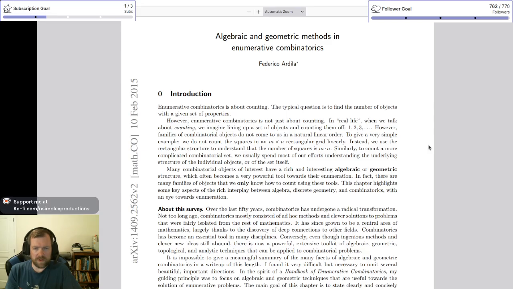Many combinatorial objects of interest have a rich and interesting algebraic or geometric structure, which often becomes a very powerful tool toward their enumeration. In fact, there are many families of objects that we only know how to count using these tools. This chapter highlights some key aspects of the rich interplay between algebra, discrete geometry, and combinatorics with an eye toward enumeration. See, this is way more my speed.